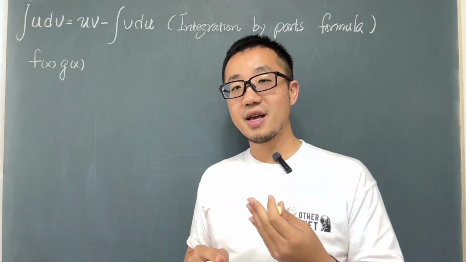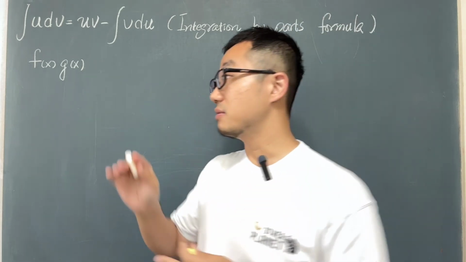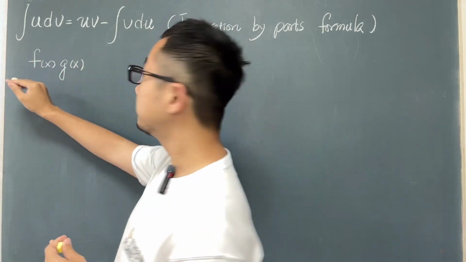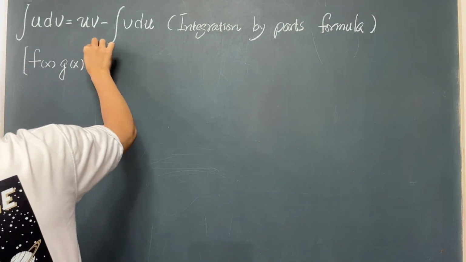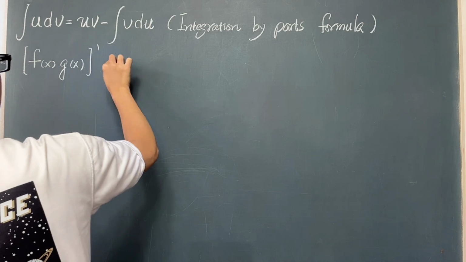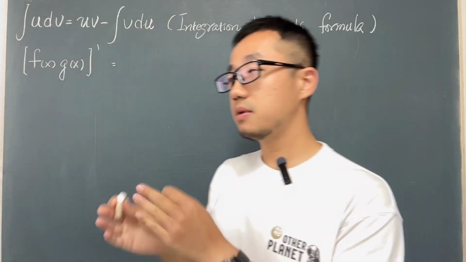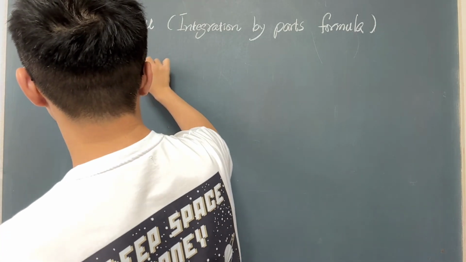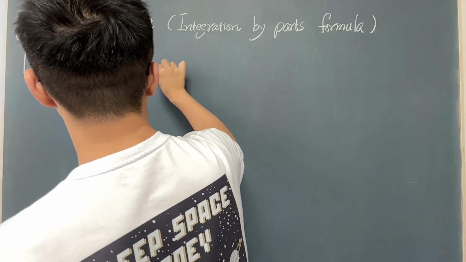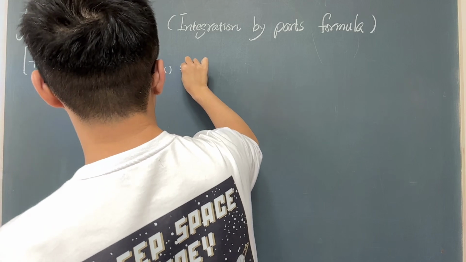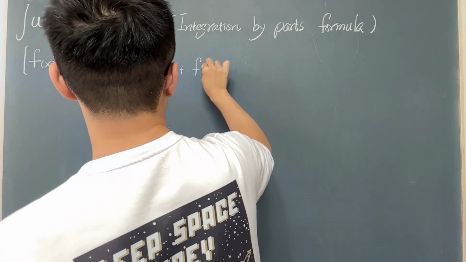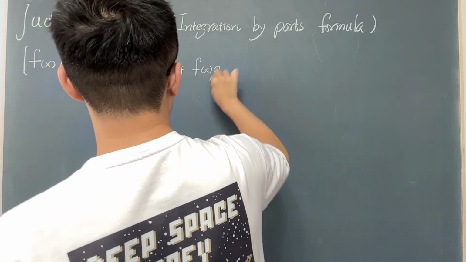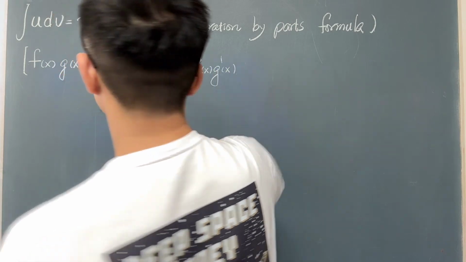And what I'm going to do next is take the derivative of this term. By using the product rule, it will turn out to be f prime of x times g of x plus f of x times g prime of x.